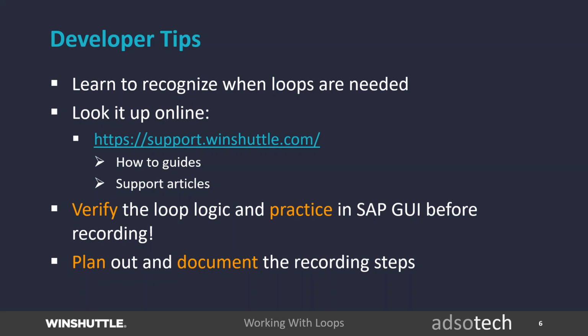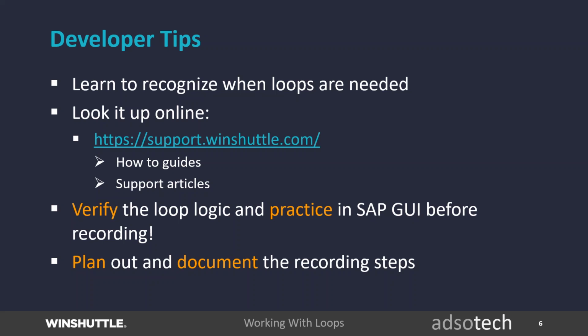That should be your cue to remember that this is something that will require a little extra attention from a Winshuttle point of view. We'll have to do something special to get it to record. Maybe you don't remember how exactly you should build the loop for it, but that should be a good starting point if you learn to recognize when you need loops, which leads us to the second point.